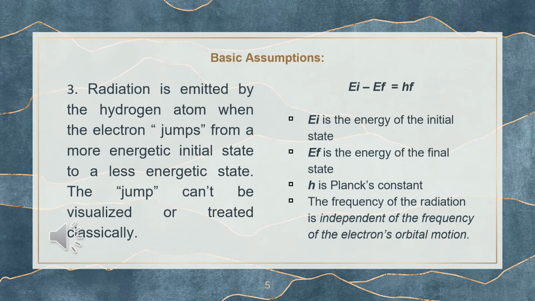The frequency of the radiation emitted in the jump is related to the change in the atom's energy given by this formula: Ei minus Ef equals hf, where Ei is the energy of the initial state, Ef is the energy of the final state, and h is Planck's constant. The frequency of the radiation is independent of the frequency of the electron's orbital motion.